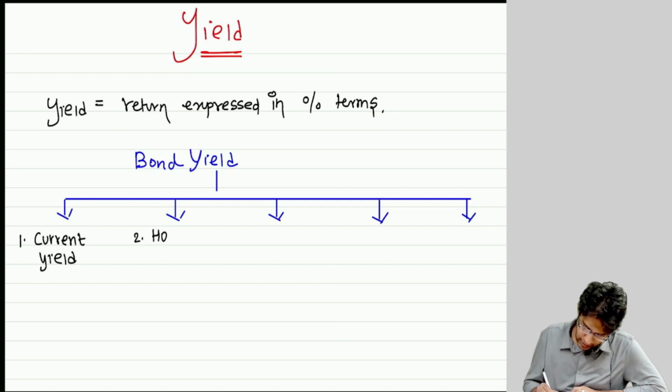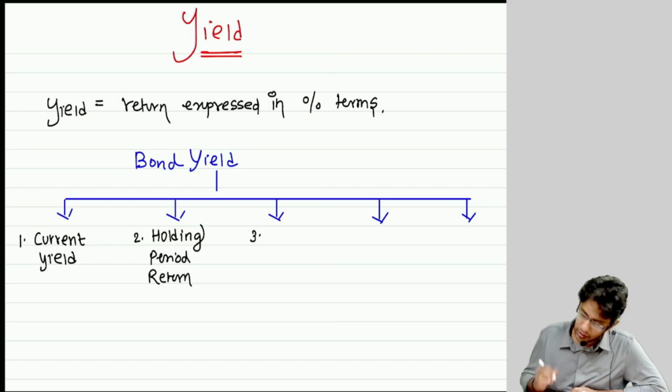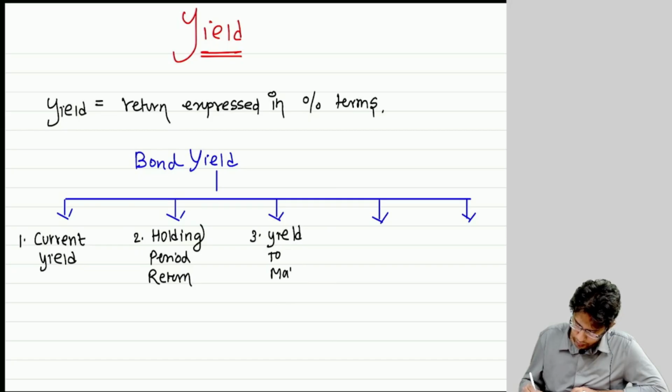Second one is called holding period return. Third one is called yield to maturity.